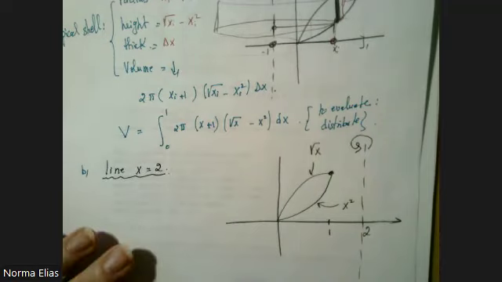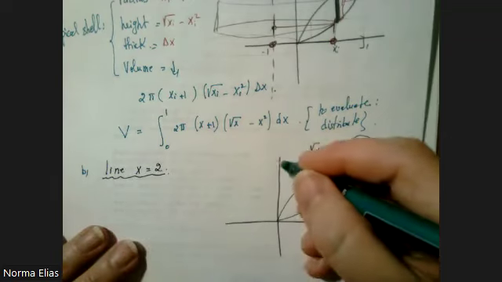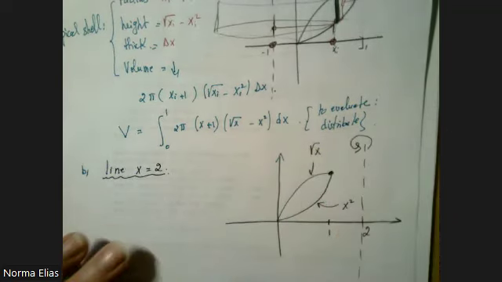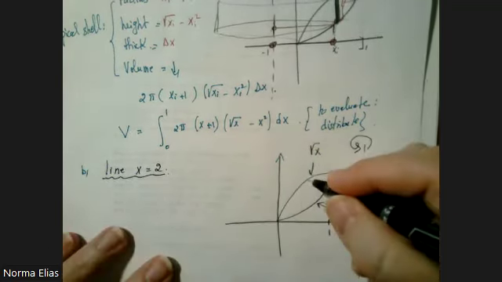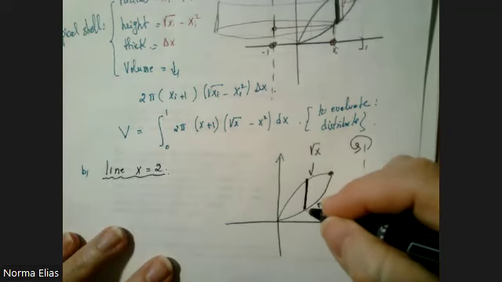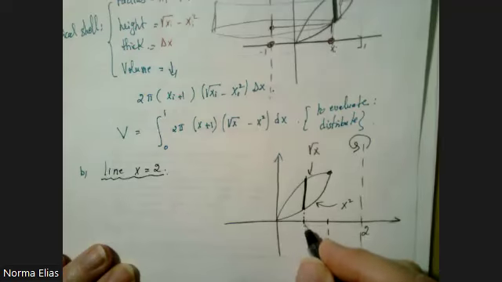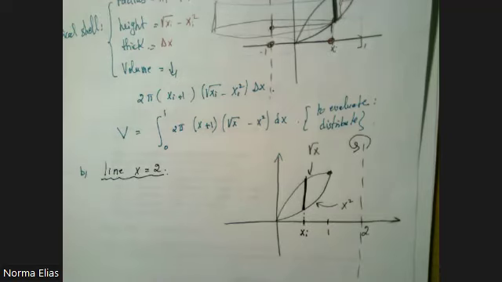Okay. And the principle is the same. I'm using the shell method in all those problems, for now at least. So I'm going to take a slice parallel to the axis of rotation. And down here, this is my xi. And that's the piece that I'm going to rotate.